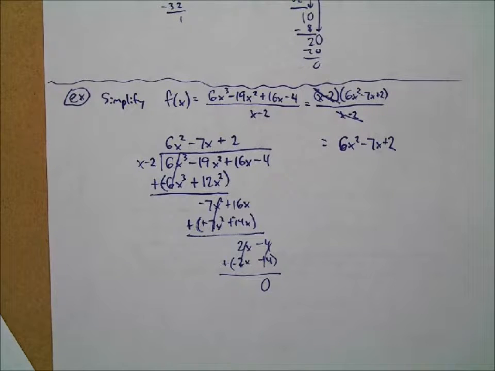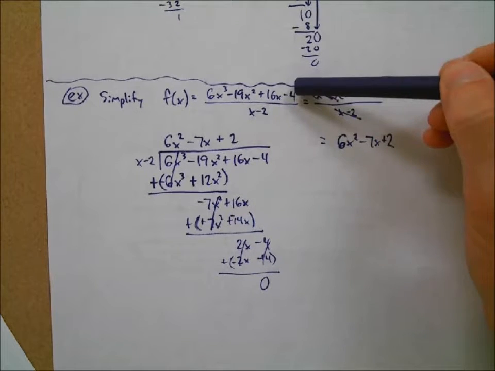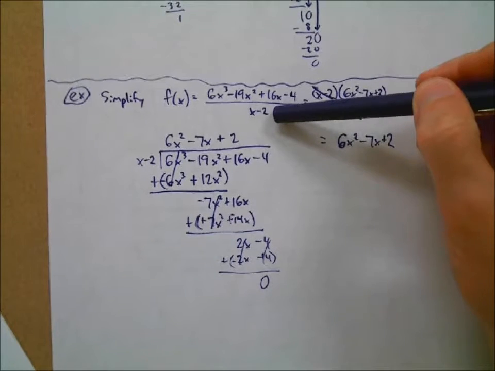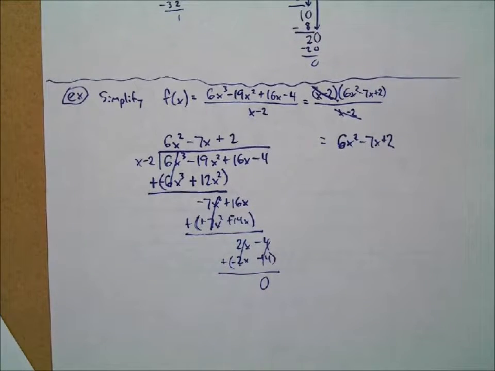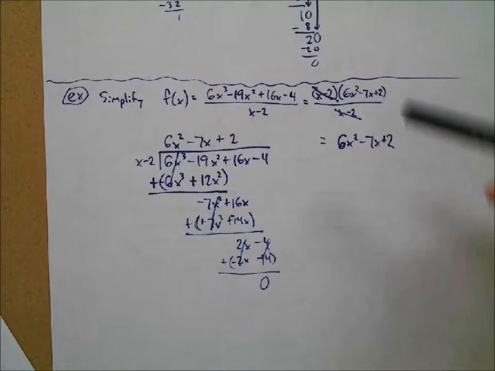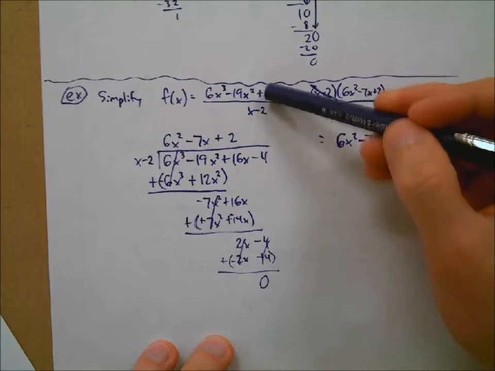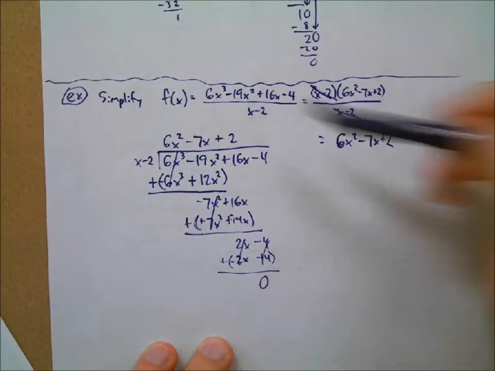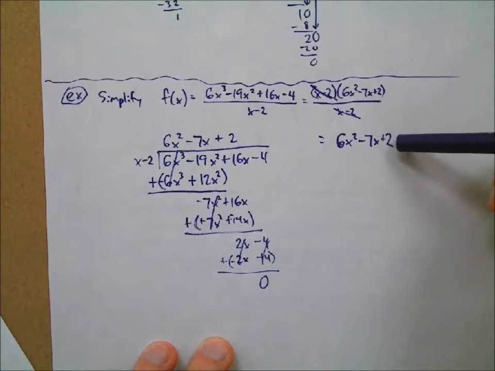Yeah, so in the original function, if you plug in 2, you're going to get 0 on the top, but you also get 0 on the bottom, right? Okay, and 0 divided by 0, that's not undefined necessarily. It's indeterminate form, okay? So here 2 gives us 0 over 0, but here, is 2 a problem? No, 2 we can plug in, no problem.